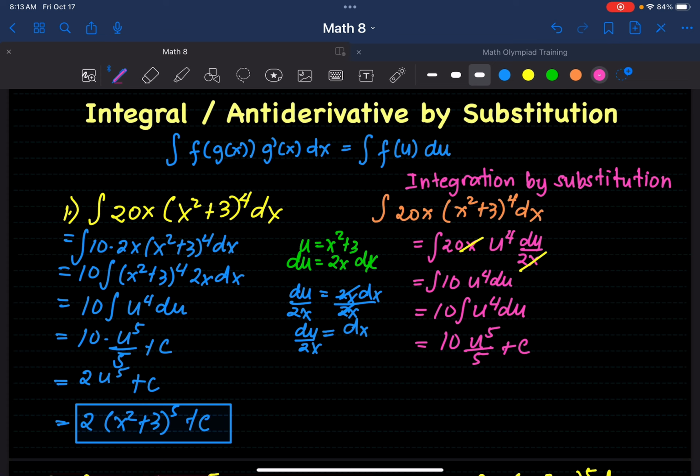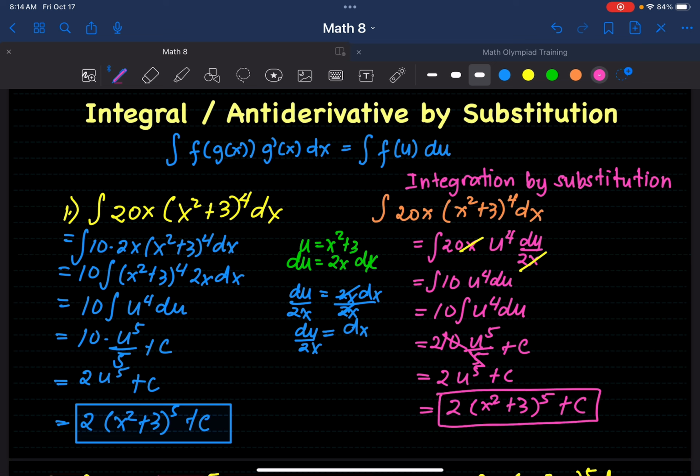So that's how you integrate this function u raised to n. Then 10 divided by 5 is 2. So the function will become 2u raised to 5 plus c. Then substitute x squared plus 3 to u, 2 times x squared plus 3 raised to 5 plus c. And this is the answer for number 1.